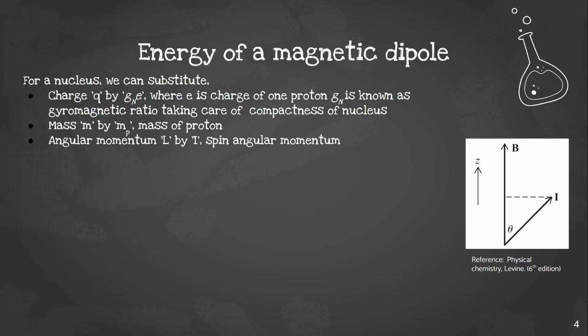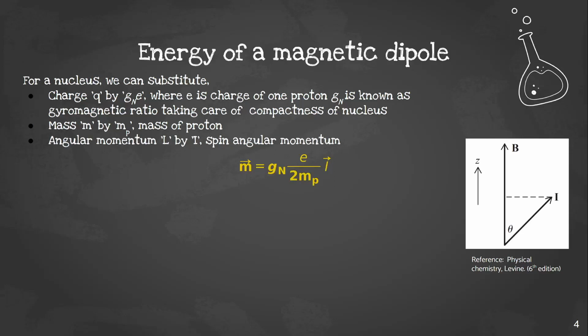Angular momentum L becomes I, known as spin angular momentum, which depends on the number of nucleons present in the nucleus itself. So the final form looks like this, where mu equals gn into e by 2mp into I.